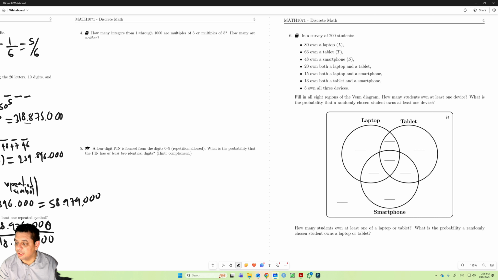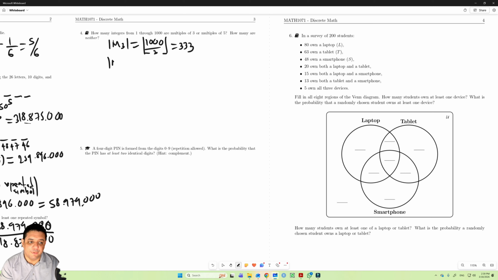We're not going to delve too much into that since it's not interesting, but we can think about how many possible multiples of 3. Let's call M3 the multiples of 3, and it's going to be the floor of 1,000 divided by 3, which gives me 333.